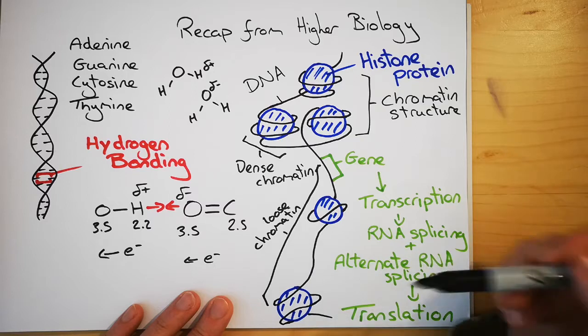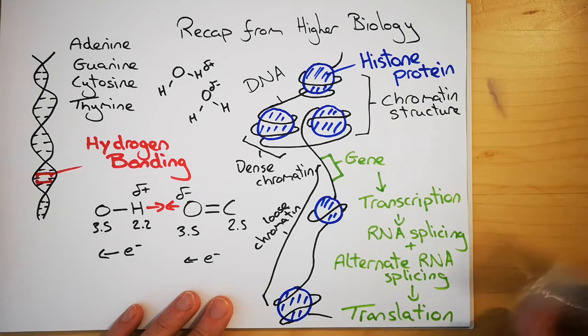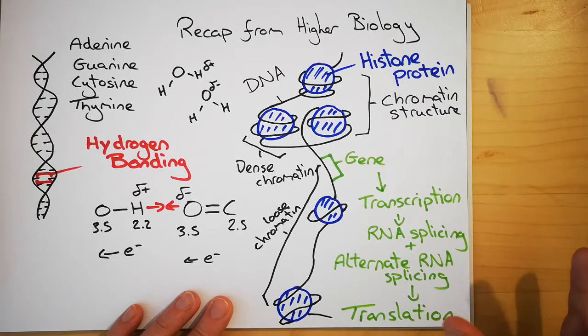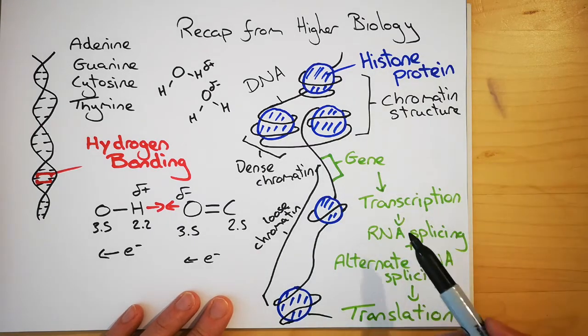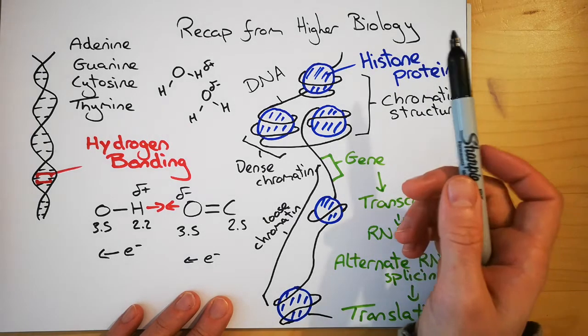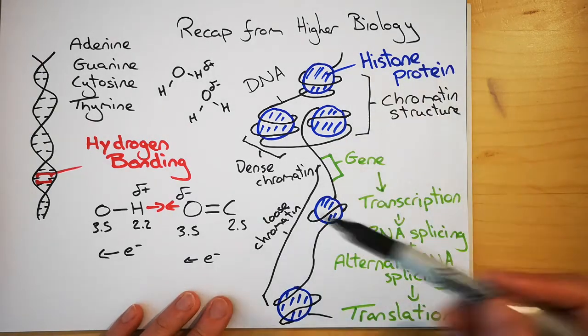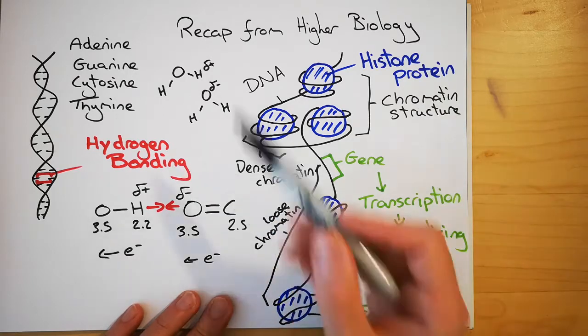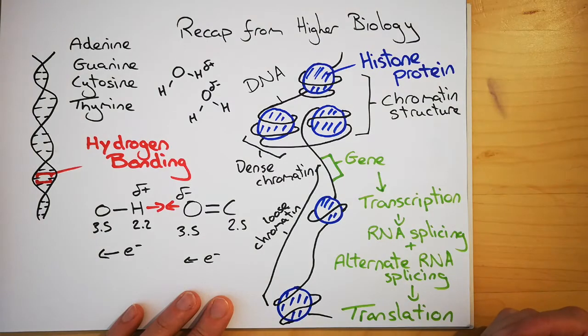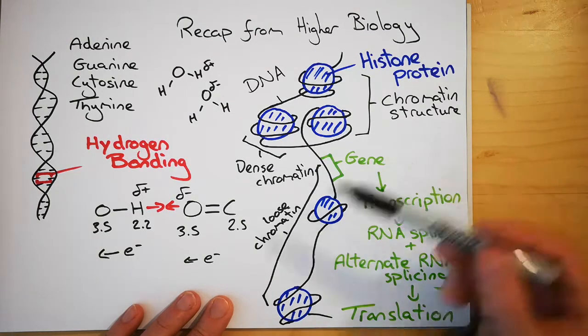The RNA splicing involves removing those introns and splicing the exons together. Now, what could happen is you could have alternate RNA splicing where different exons are selected, and so that one gene could go on to produce several different proteins, and that's one reason why the proteome is much, much larger than the number of individual genes found in the total genome.